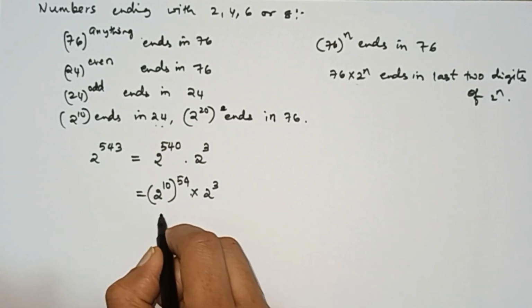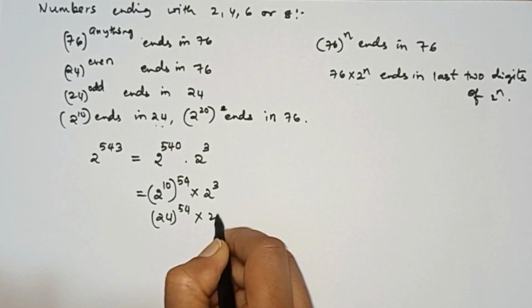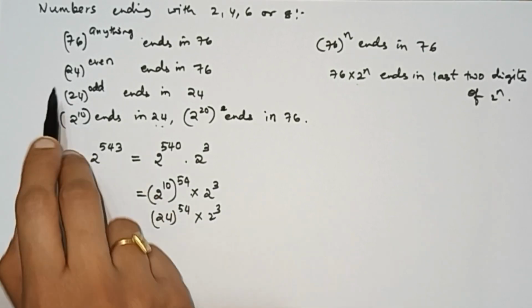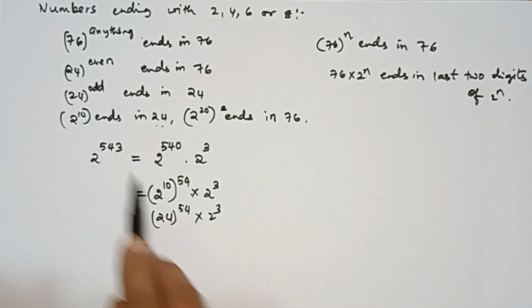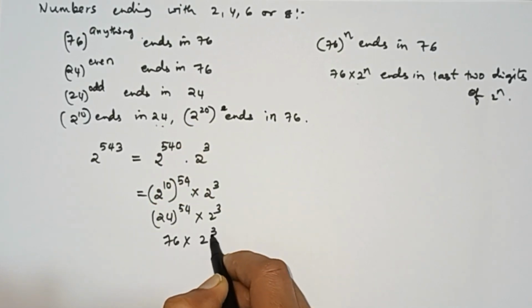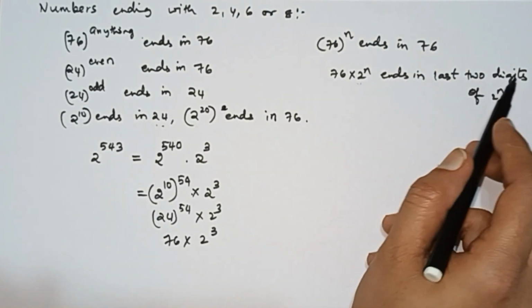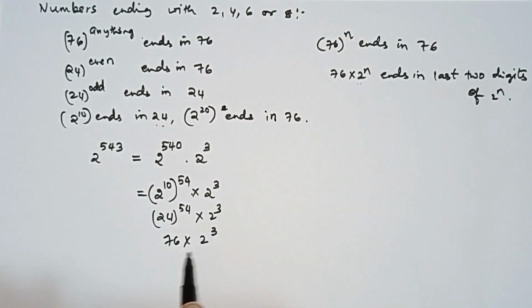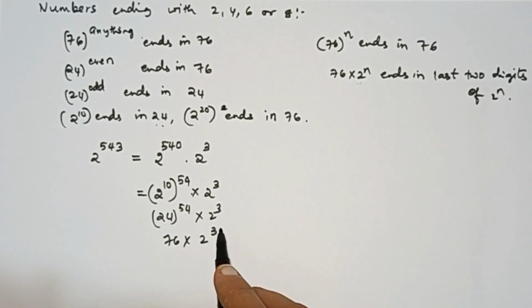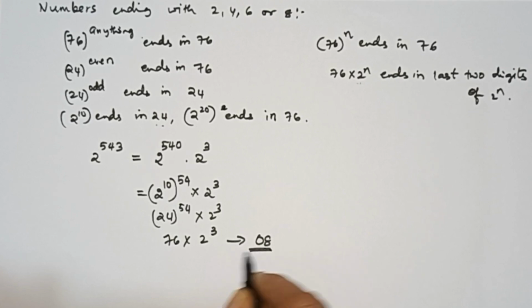Therefore, this ends in 24 to the power 54 into 2 cube. Now 24 to the power even, 54 is even, always ends in 76. 76 into 2 cube. Now 76 into 2 to the power n always ends in the last two digits of 2 to the power n. Here it is 2 to the power 3. The last two digits of 2 cube is just 8. So you can write it as 08. So this expression ends in 08.